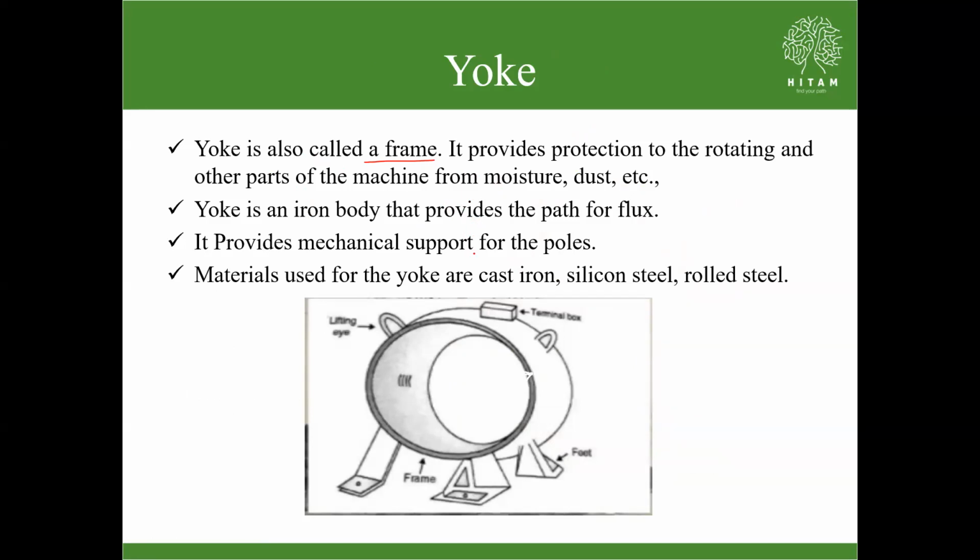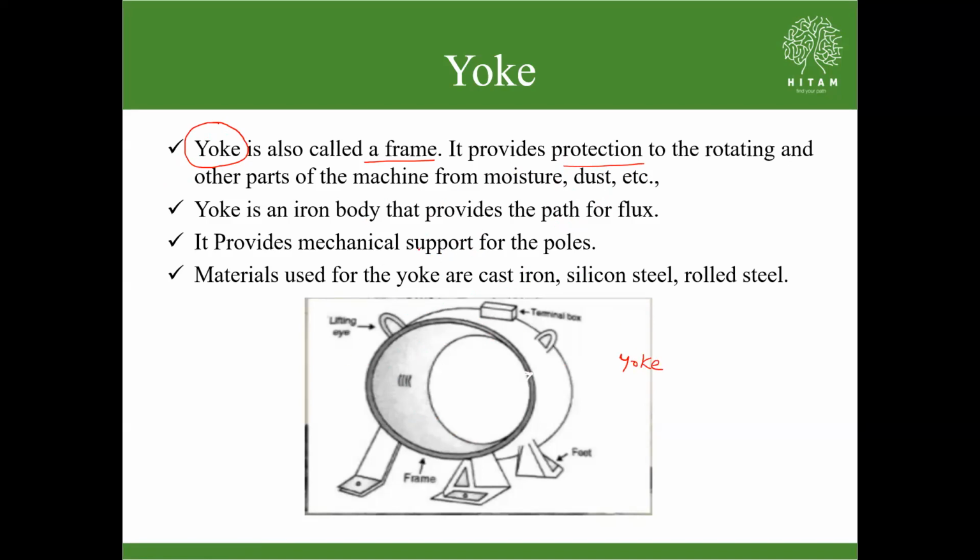Such incidents we avoid in order to maintain the lifetime of the machine. So the yoke plays a vital role in protecting all the rotating and stationary parts inside the machine. This outer periphery of the DC machine we call the yoke.